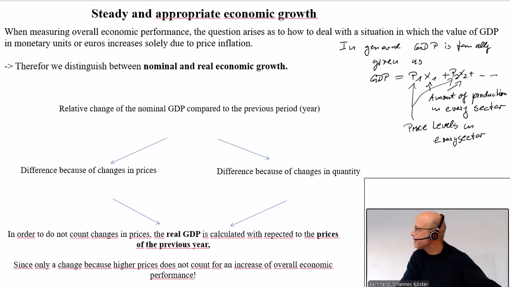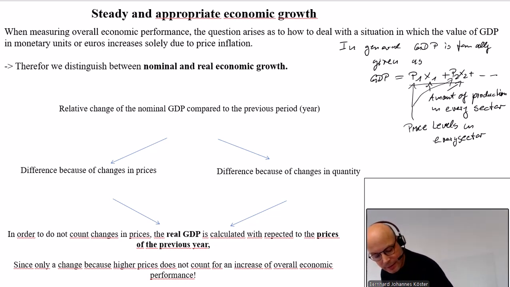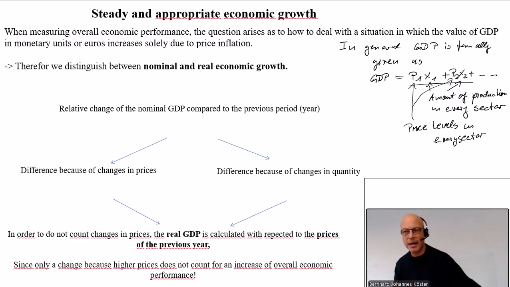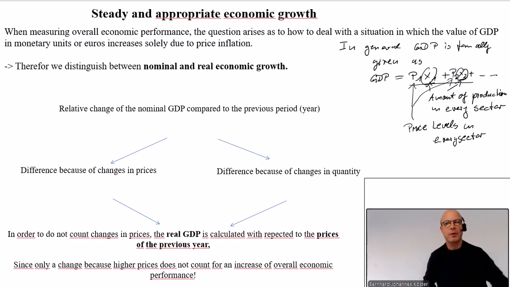Then if we talk about economic growth, we see if we calculate it, it is just summing up every amount of production multiplied by its prices. And we think of a situation where the amounts produced in every sector do not change, but let's assume every price is doubling over 1 year.